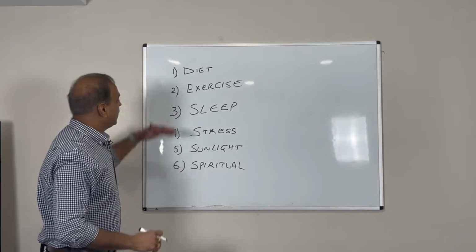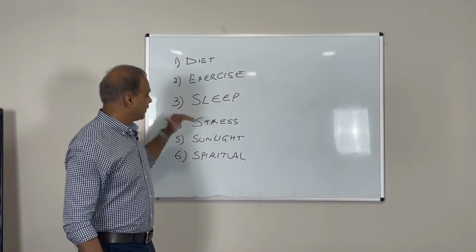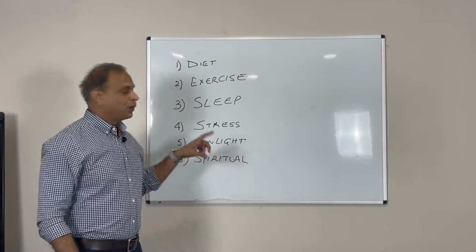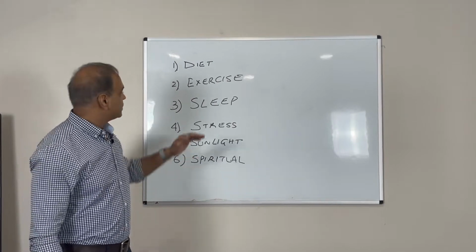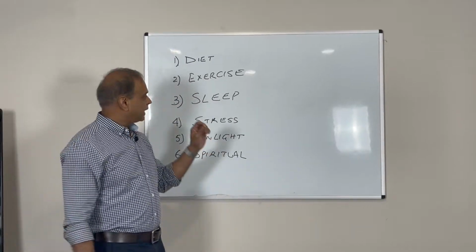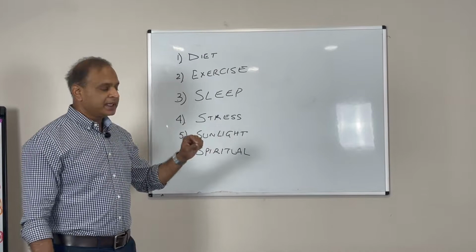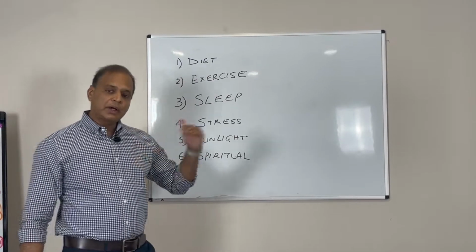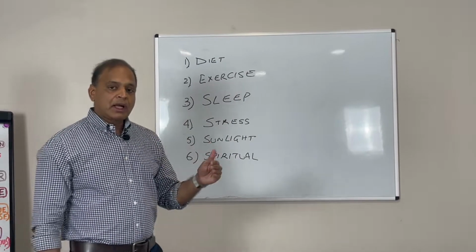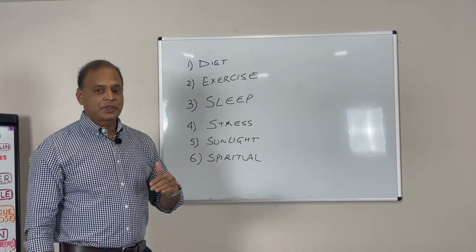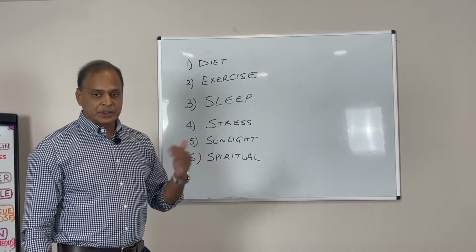Now remember, all these 6 work only when they are done consistently over a long period of time. So doing a little bit and a small amount in small incremental doses over a longer period of time works better than doing a lot of it and then stopping it for a short while and then redoing it and stopping it.